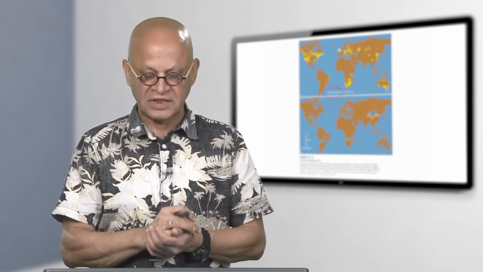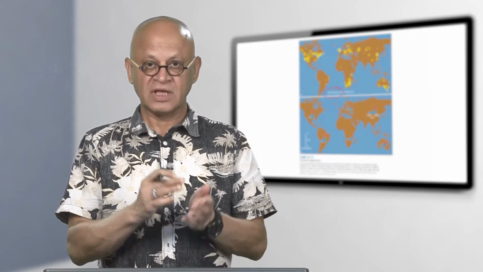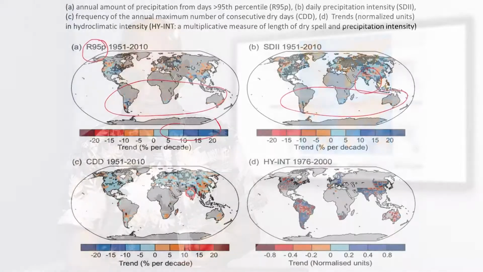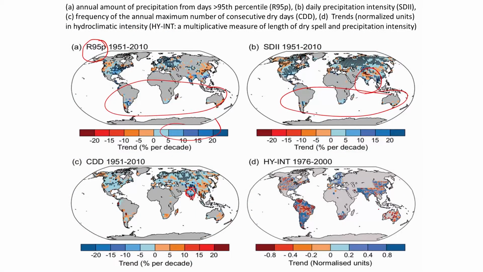Okay, so lots of very recent research is there, and I will address some of that when we look at the monsoon in a specific lecture. And all that rainfall results in what are called hydroclimatic intensity changes. So they are like floods and droughts and so on. So that is a multiplicative measure of the length of dry spell and precipitation intensity. So you can see that there are changes in, this is normalized, we won't go into the detail, but just remember that the rainfall intensity changes and distribution changes are going to appear as hydroclimatic intensity changes.